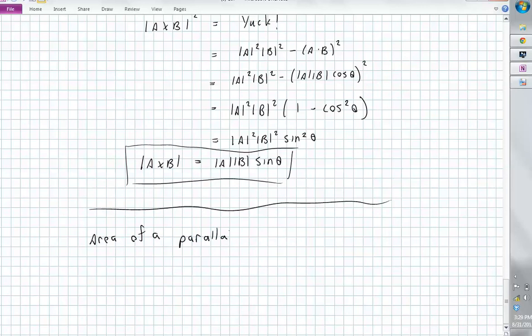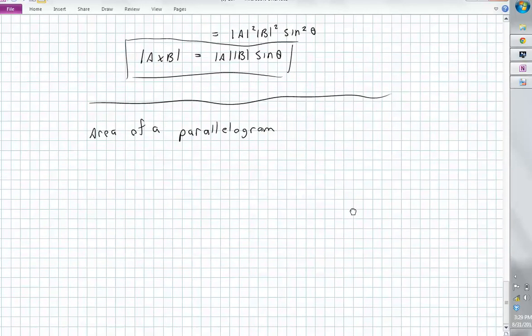You'll note this, and you'll say, yeah, that was interesting, and you'll forget it, and then in about 10 weeks, I'll bring it up again. So the area of a parallelogram, let me remind you what a parallelogram is. There's a parallelogram.